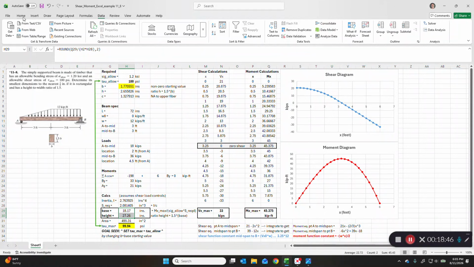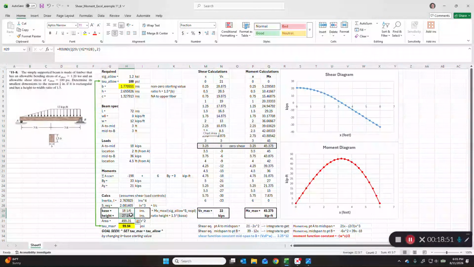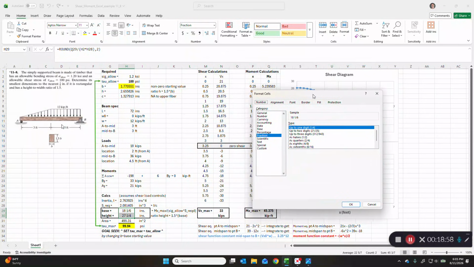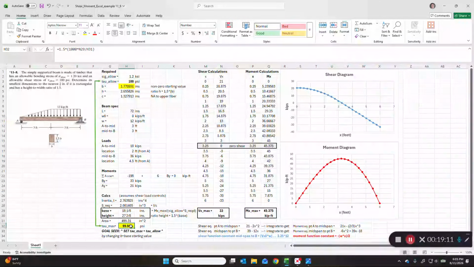So based on that, you would go home, number, fraction, and fraction here is something we can probably drop down on the box. And it says we can select a fraction as eighths. There we are, right? So it's 18 1/8 by 27 2/8, which is 27 1/4, gives us an area of 495, and we get roughly equality between tau allowable and tau max, which we should, based on these shear and moment diagrams, which gave us our moment max and our V max.